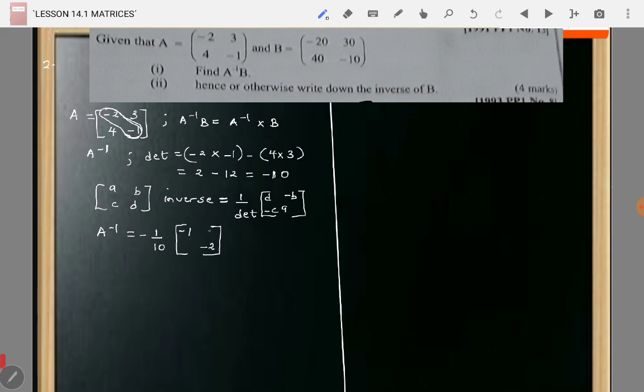For the other elements in the other diagonal, we simply change the sign, so that when we multiply, we are going to have -1 over 10 times -1 giving 1 over 10. -1 over 10 times -3 will give us 3 over 10. -1 over 10 times 4 will be 4 over 10. And -1 over 10 times -2 will give us 2 over 10.